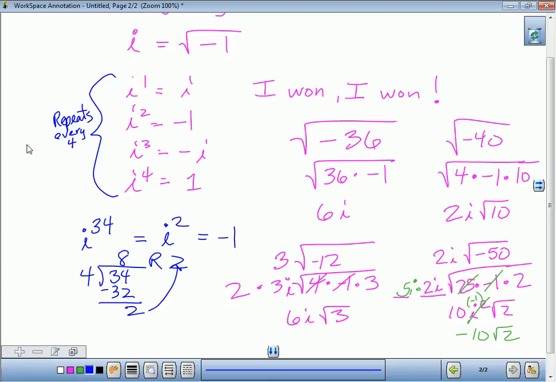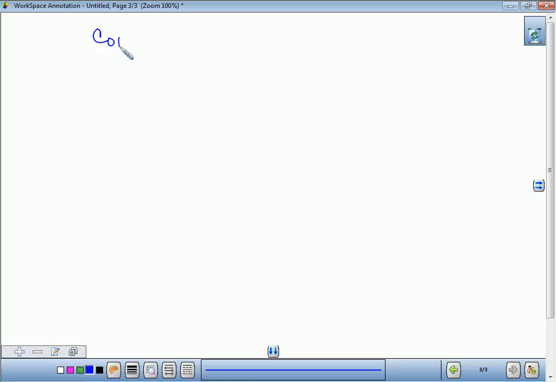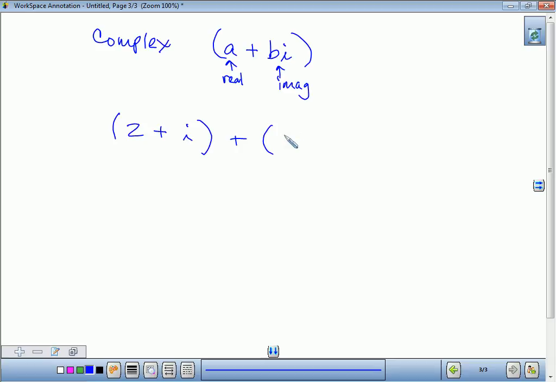Okay, we also worked with complex numbers, and complex numbers have a real part and an imaginary part. We always said write your answer in a plus bi form because a represented the real part of the complex number, and b represented the imaginary part of the complex number. Now, the nice thing about this is when we're adding or subtracting complex numbers, it's pretty simple.